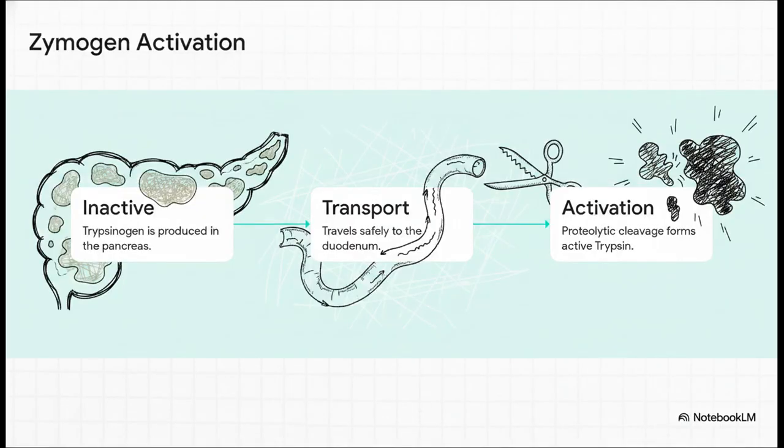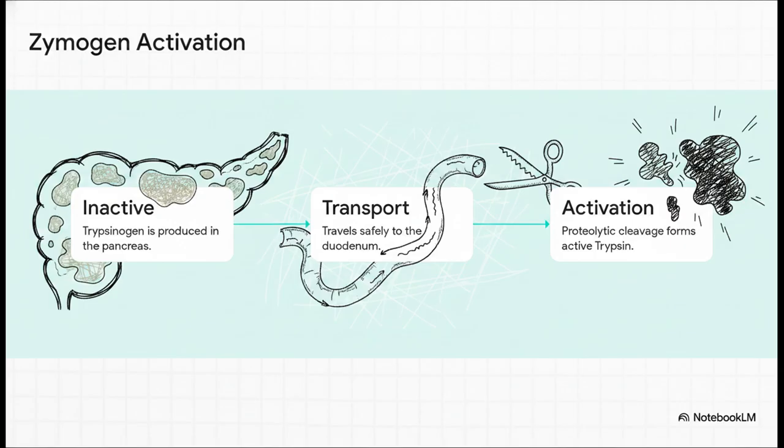The body also has to protect itself from its own creations. To survive producing its own destructive proteins, the body relies on zymogens, which are basically inactive precursors. Take the digestive enzyme trypsin. If the pancreas produced active trypsin right away, the enzyme would literally digest the organ that made it, causing severe, life-threatening pancreatitis.